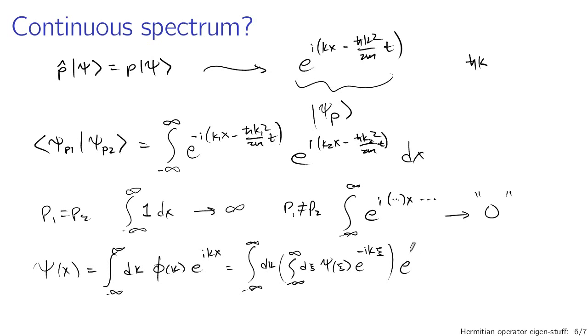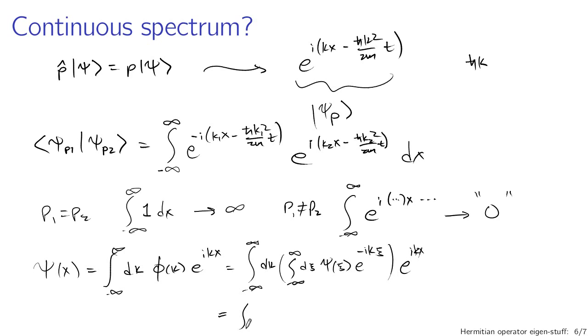If I multiply this by e to the i kx, continuing my expression, you end up with something that makes a certain amount of sense. In particular, I can manipulate this. Let's consider exchanging the order of integration and manipulating these such that my exponentials multiply together.